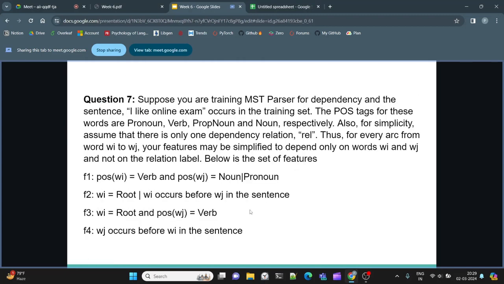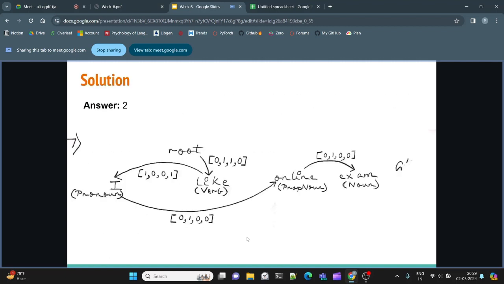Let's take F4. F4 is wj occurs before wi in the sentence. Let's take this one. Again, this is wi and this is wj. Does wj occur before wi in the sentence?